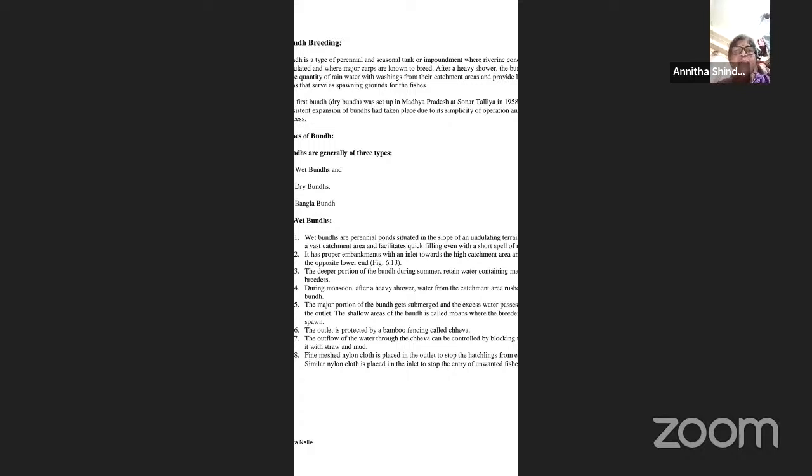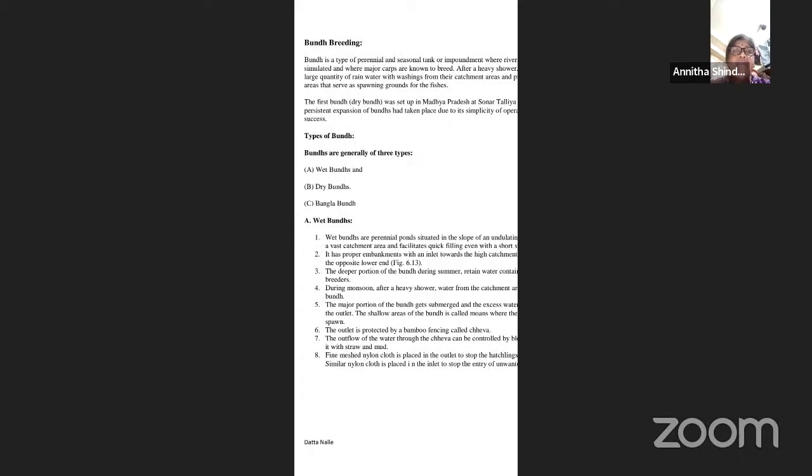The inlet is towards the region where it can receive high rainfall or high river water, and the outlet is on the opposite side.